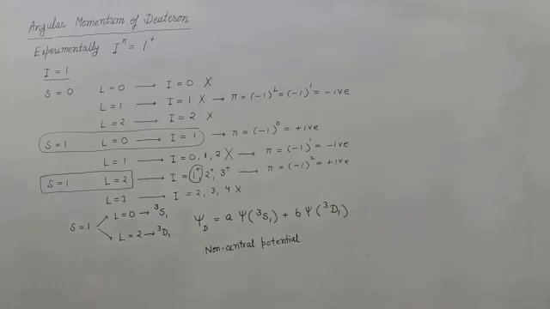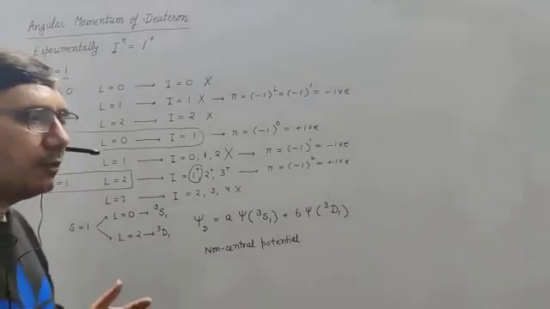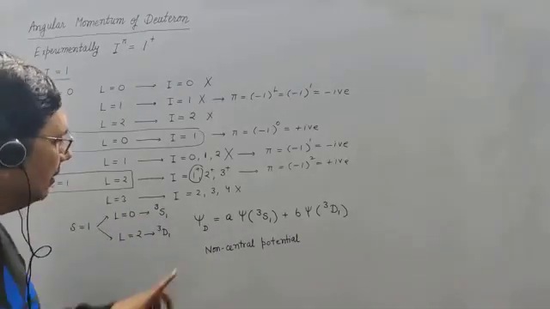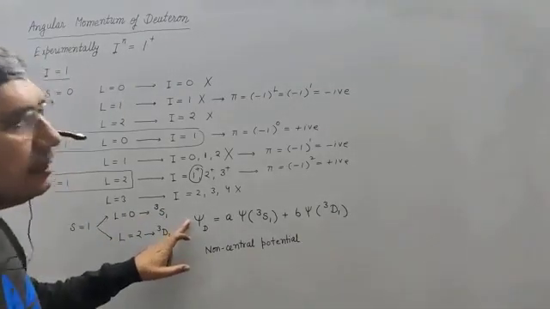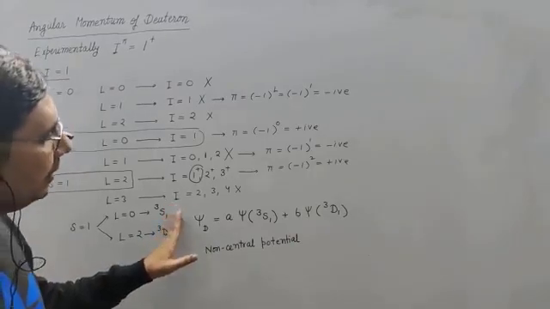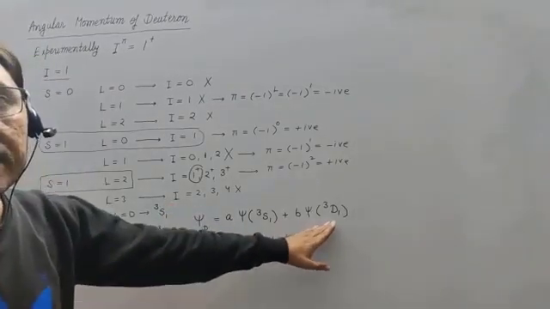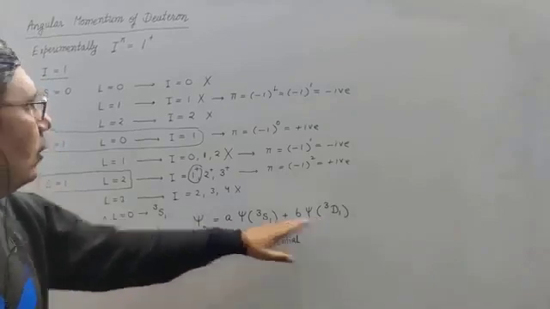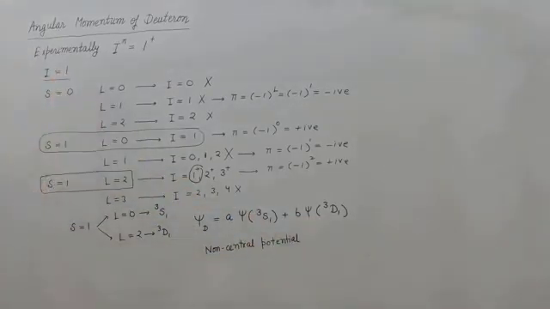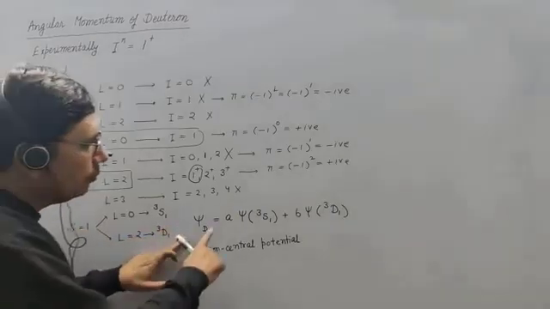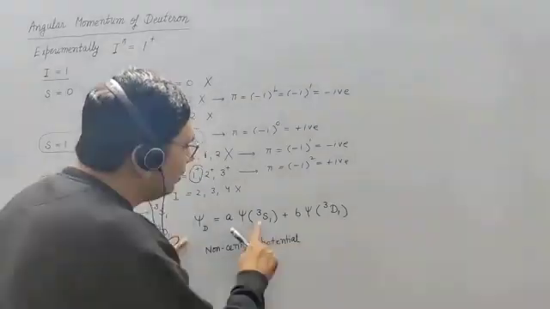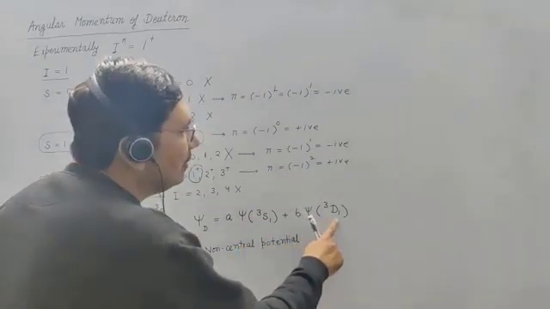And if we choose non-central potential, or our potential has a part which is non-central, then the ground state of the deuteron nuclei will be a combination of these two states. So from this discussion, we find that the ground state is possible with these two options. One is 3S1, another is 3D1.